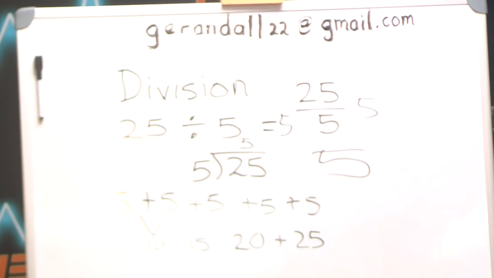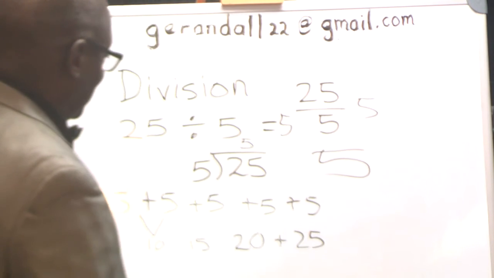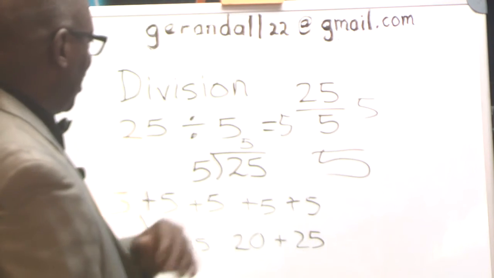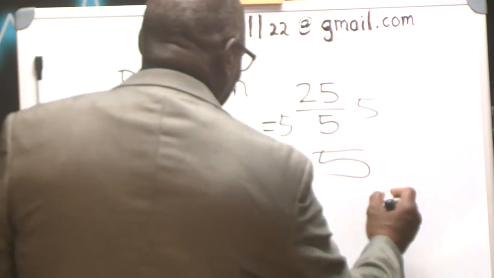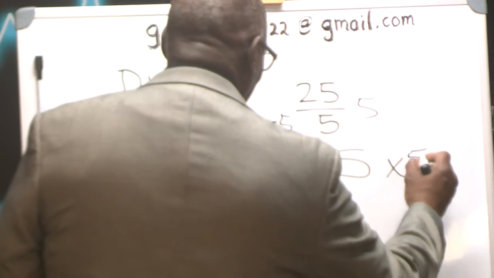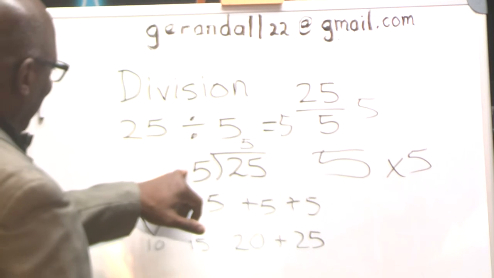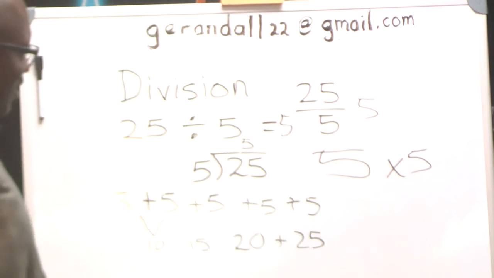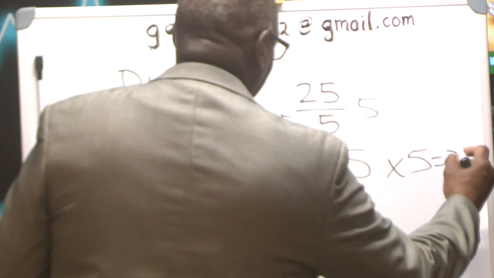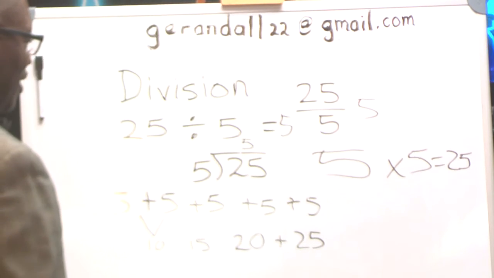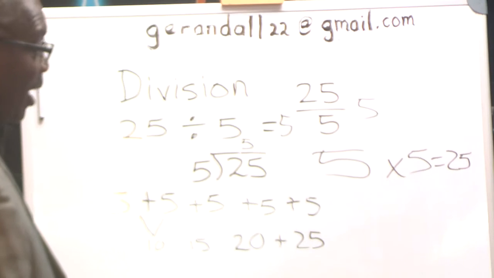And how do we know that's right? We added up 5 5s and got 25. We can do what? Multiply the divisor times the quotient, which in this case is the answer, and get 25. And that's why I say what?